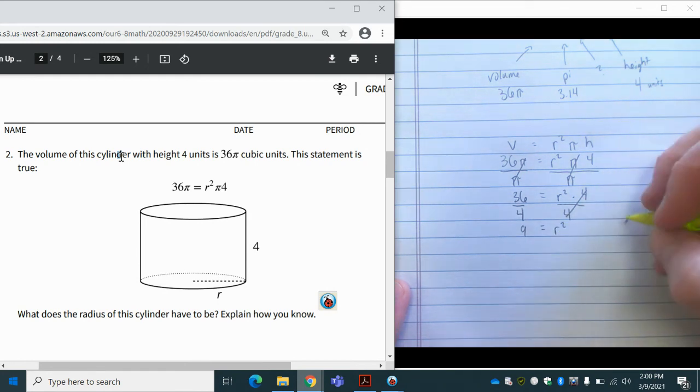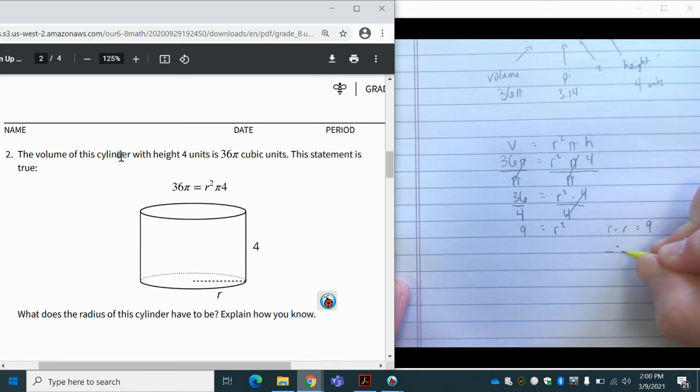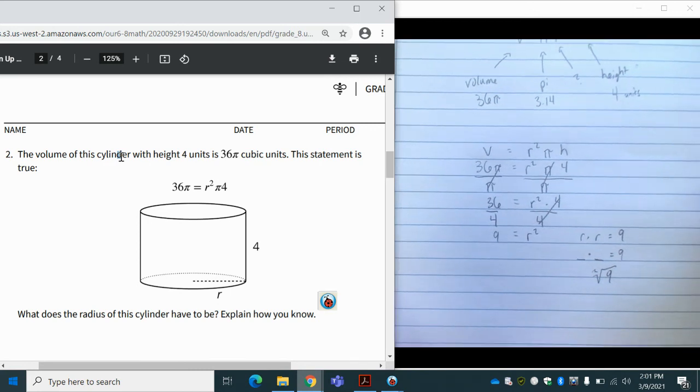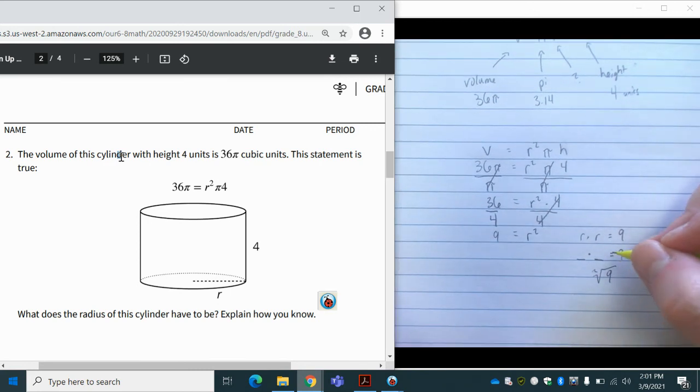So r squared, another way of thinking about that is r times itself is equal to 9. So we've got to figure out what number multiplied by itself is going to give us 9. All right? You could also write this as the square root of 9. So what number multiplied by itself is going to be equal to 9? That number is going to be 3.